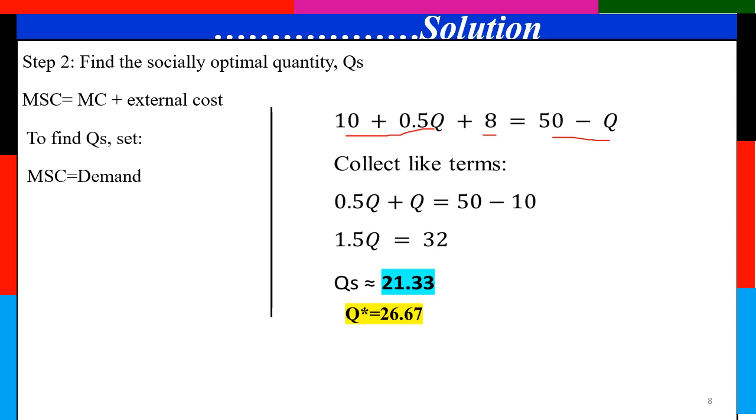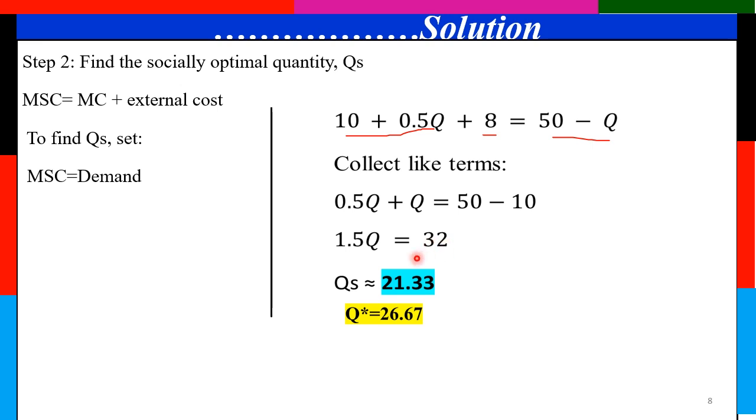In similar fashion, again collect like terms, variable on one side and the number on the other side. 0.5 plus Q means 1.5 Q is equal to 32. No, 50, not 32, I'm sorry. This is 50 minus 10, so it becomes 40, not 32.